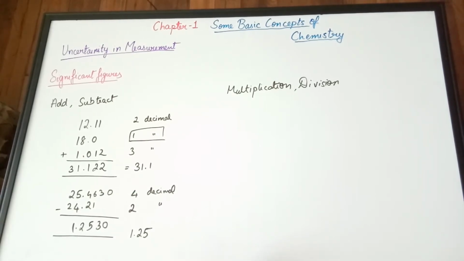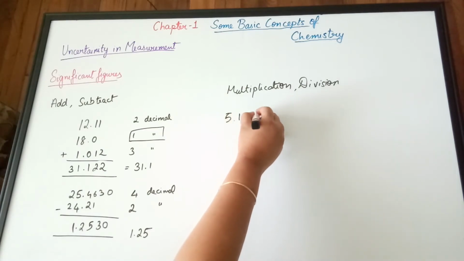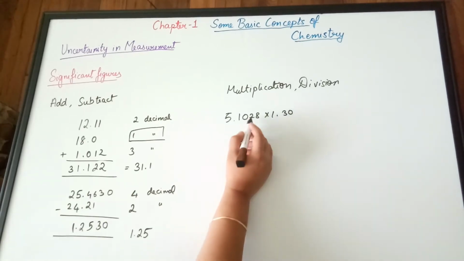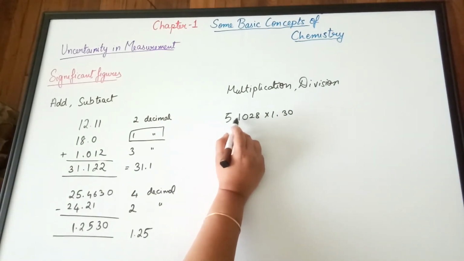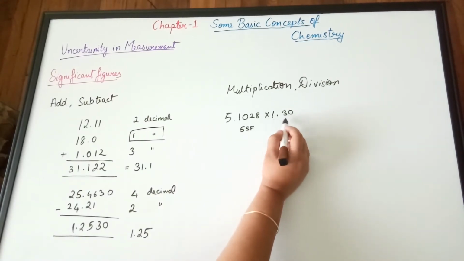So take 5.1028 into 1.30. This has 1, 2, 3, 4, 5 significant figures, and this has 1, 2, 3 significant figures.